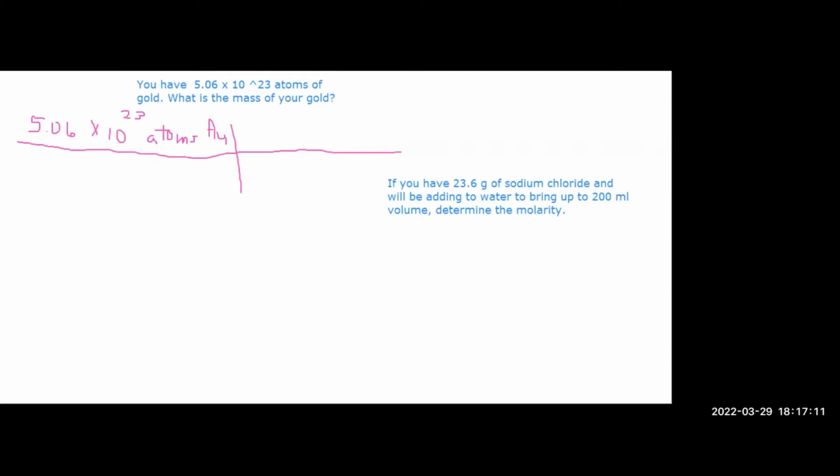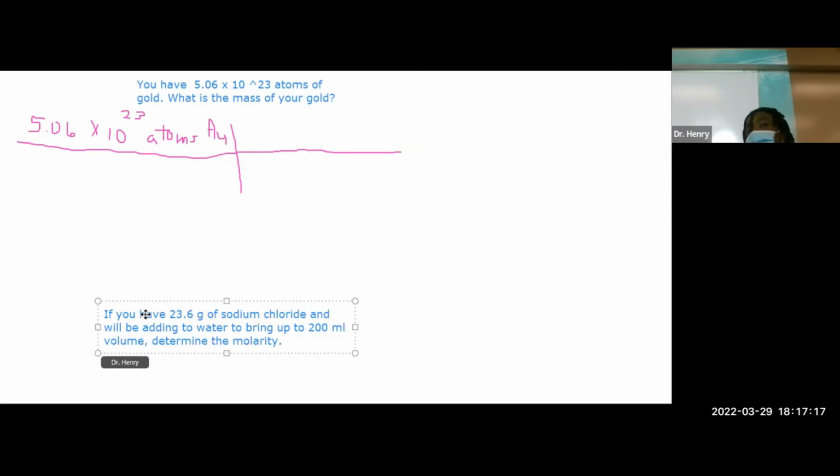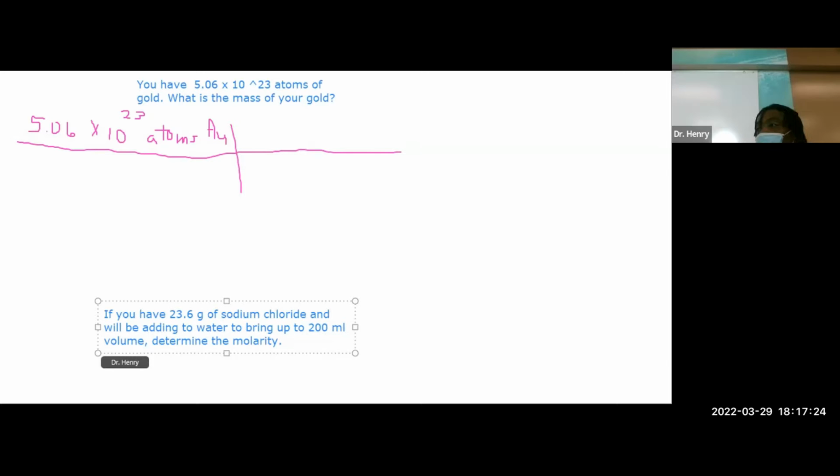And then you would use Avogadro's number. So am I going to times it by Avogadro's number, or am I going to divide it by Avogadro's number? Divide it. Half of you say times it, the other half say divide it. So we know that 1 mole, and that's what we want to get to, right?